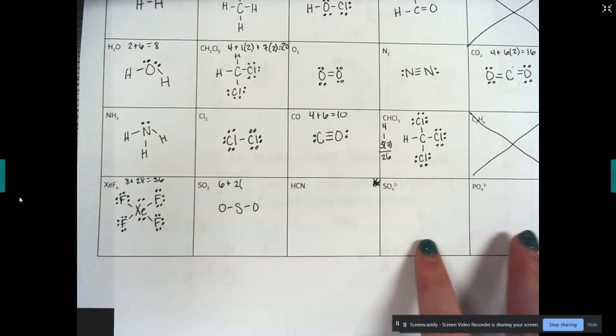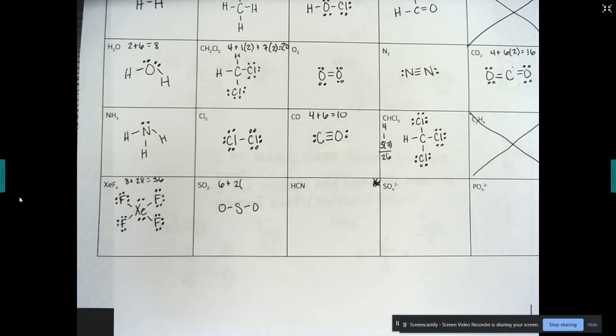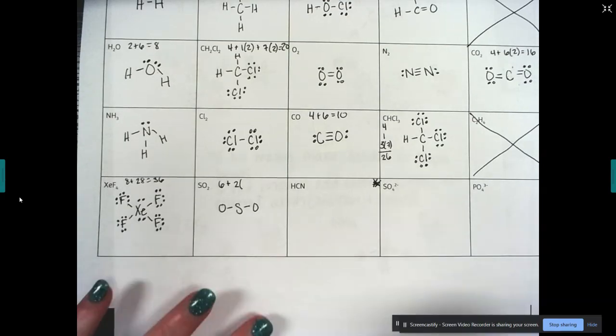If you're done, you can take a picture of it and upload it to that interactive notebook for section 10. Oh wait, we still have to do the last 2, so just sit tight. Or you're probably done for the day. I don't think we'll get to the last 2.